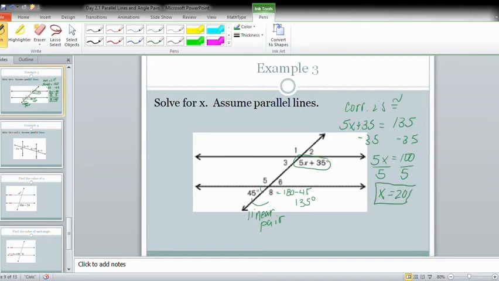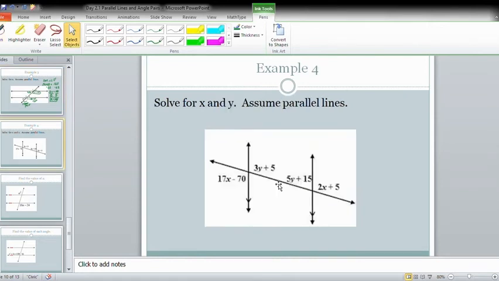Again, one way of getting there. You could also make angle 3 equal to 45, because those are corresponding angles. And you could then set angle 3, which is going to be 45 degrees, plus 5x plus 35 equal to 180, because those are a linear pair. So multiple ways of solving that one.